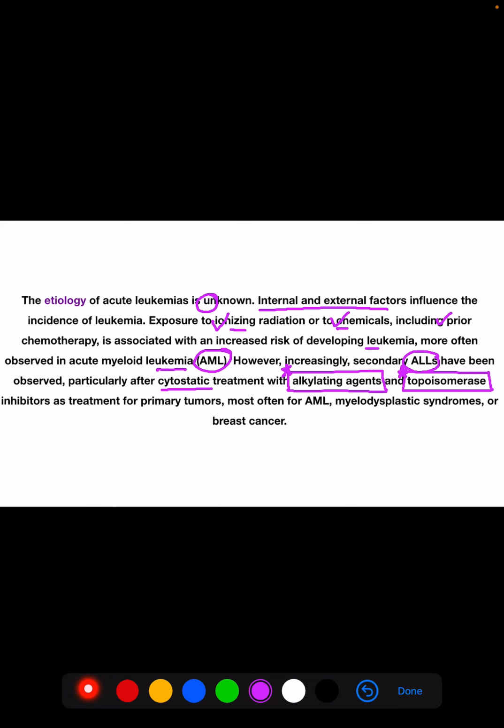Primarily for acute myeloid leukemia, myelodysplastic syndrome, or breast cancer. If a patient has undergone treatment of these with alkylating agents or topoisomerase inhibitors, they have an increased incidence of secondary ALLs.